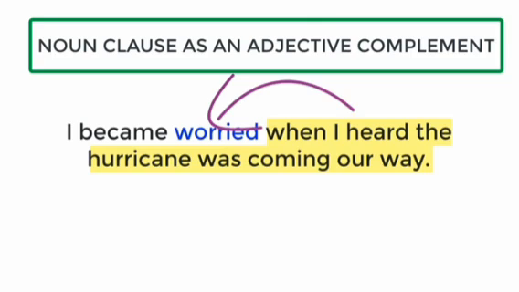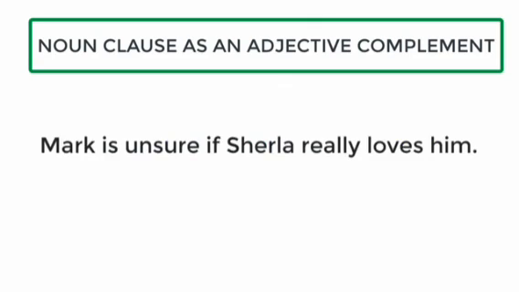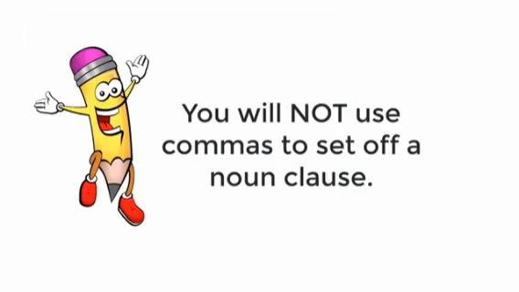What kind of worry did they have? Another: Mark is unsure if Sheila really loves him. If Sheila really loves him is describing unsure. Okay, here you do not use a comma to set off a noun clause.